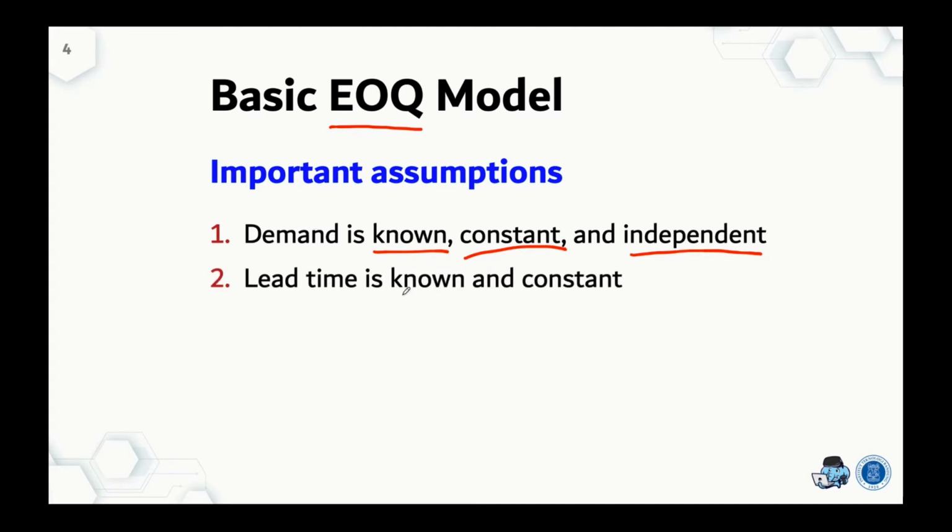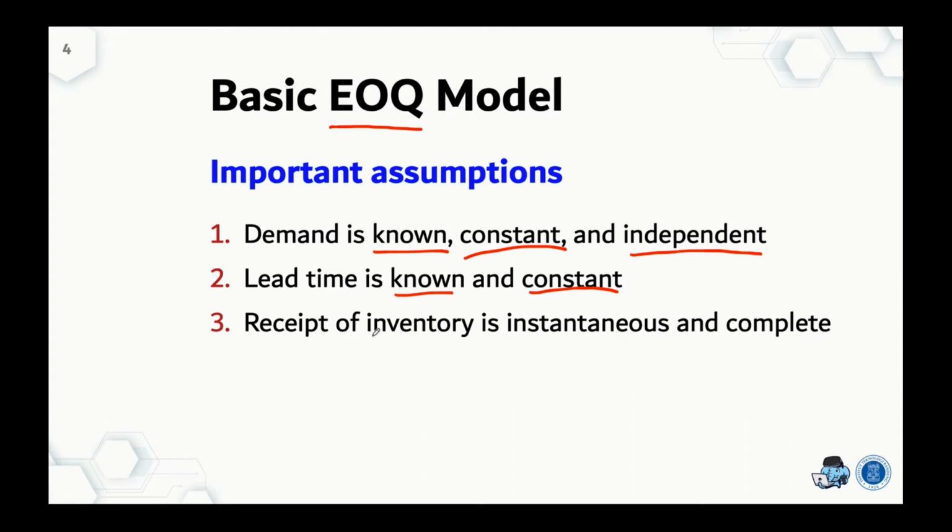The lead time is also constant and known in this case. And the receipt of inventory is instant and complete. It means when we order today, we can receive the inventory also today and in complete form. Not 50% coming today and the next 50% coming next week, for example. We receive it complete and instant.